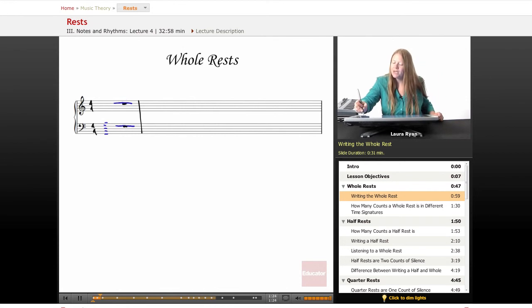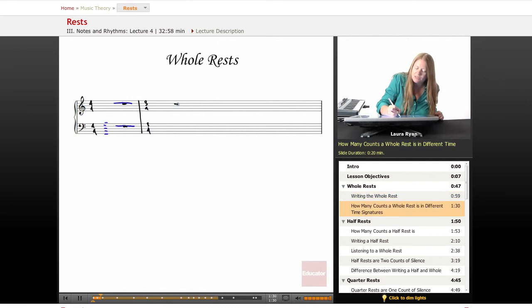If we are in the time signature of 3/4, then a whole rest equals 3 counts of silence. It's the maximum amount of counts in the time signature. So if we're in 2/4, your whole rest will be 2 counts.